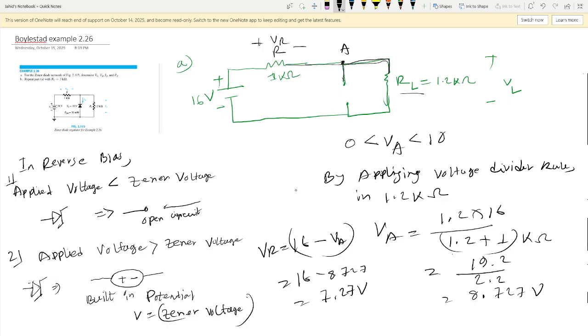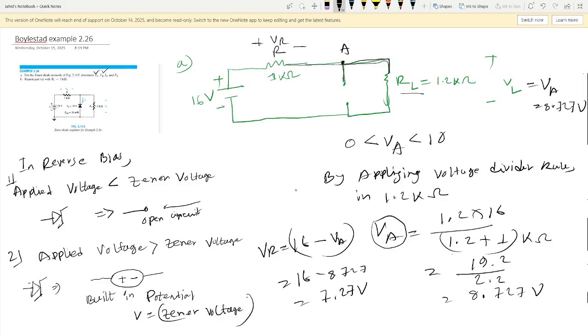Here you can find VL and VR. This VA is parallel to, indicating that VL is applied through the RL. So VL equals VA equals 8.727 volt.